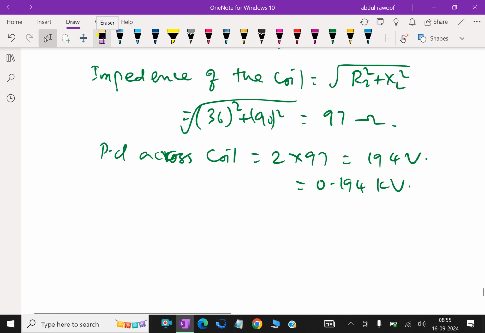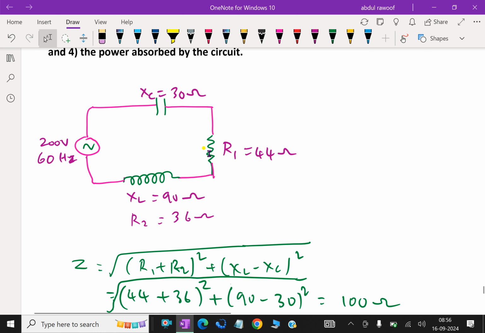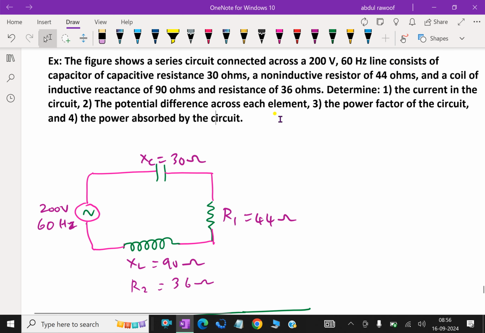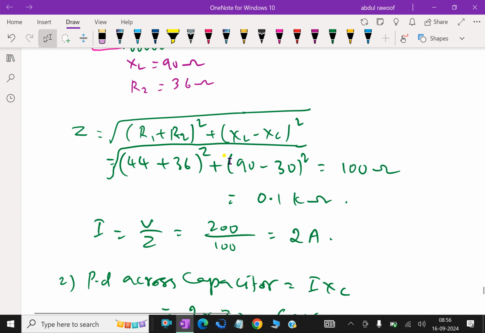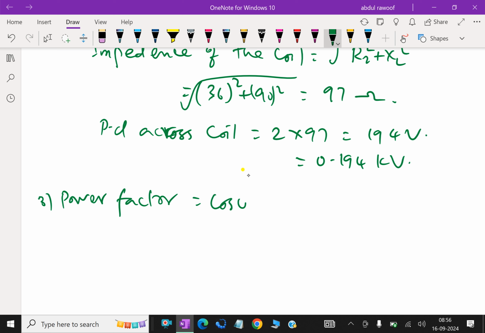Then the power factor. We have to find the power factor. Power factor is cos phi, which is equal to R over Z. That is 80 over 100, equal to 0.8.